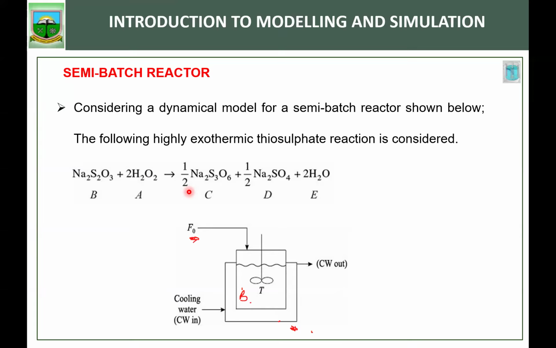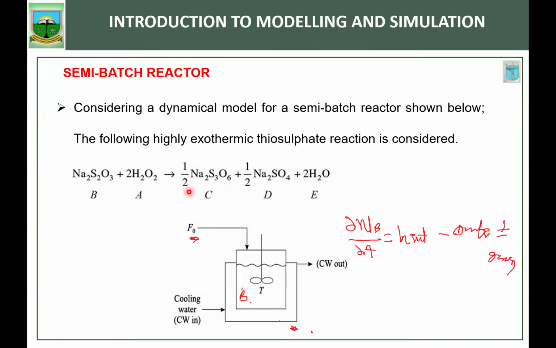So if we write the continuity equation of mole for B, the term which is supposed to be input, right? The mole input of B minus the mole output of B plus or minus the generation of B or the formation. B is also actually a reactant, so it will also deplete.